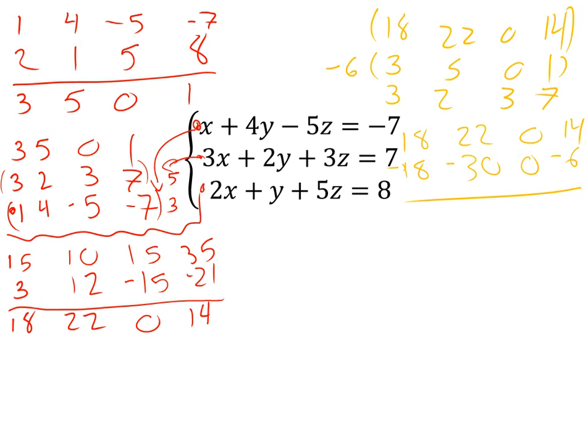Add those, I get 8, 0, negative 8, and 0. So this is going to replace the top one because I don't want to deal with 18. Those big numbers are scary. And so I'll have 0, negative 8y, 0z equals 8.